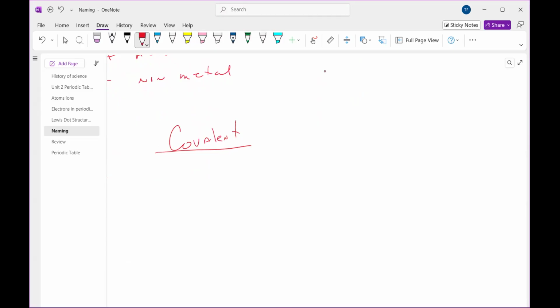So covalent naming is in two parts. So the first part is going to be for H's.